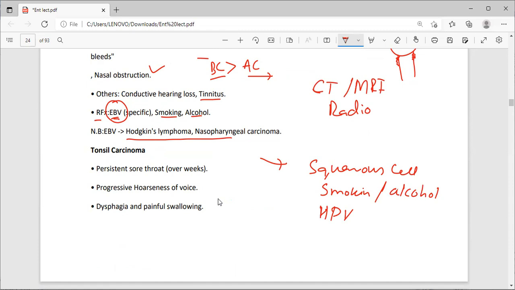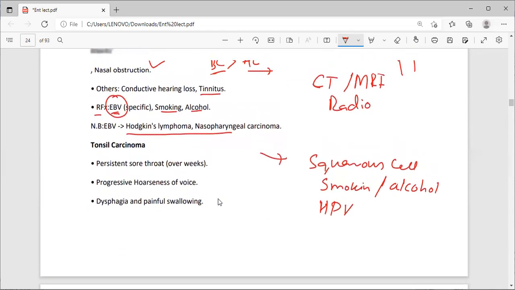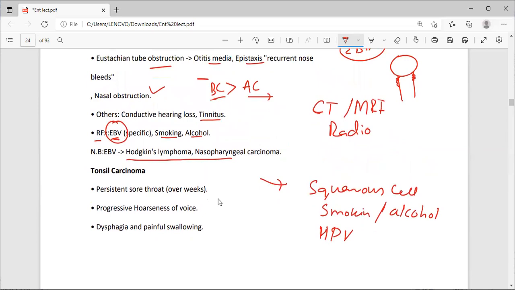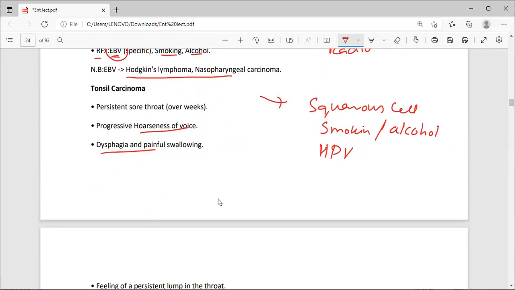Okay, let's move further then. What have they told us? Persistent sore throat over weeks, progressive hoarseness of voice, dysphagia and painful swallowing. Now you can just imagine that here are the two tonsils, okay? Here is the uvula and here is the tongue, okay?